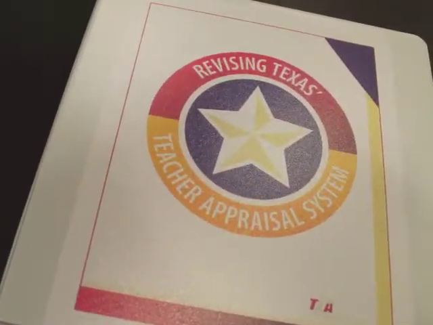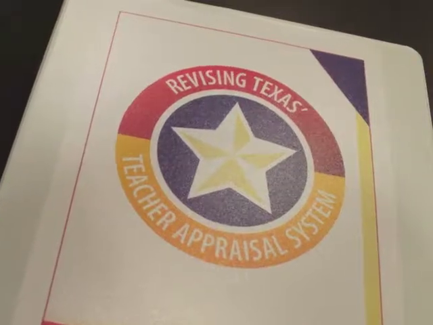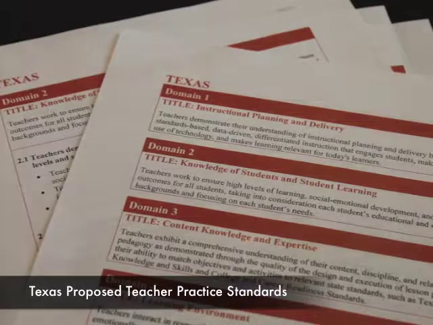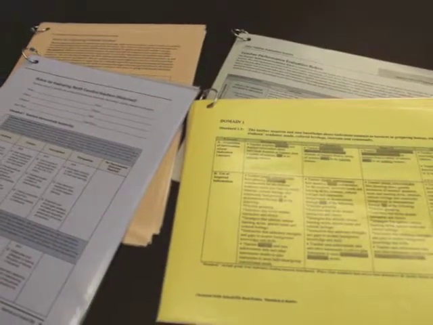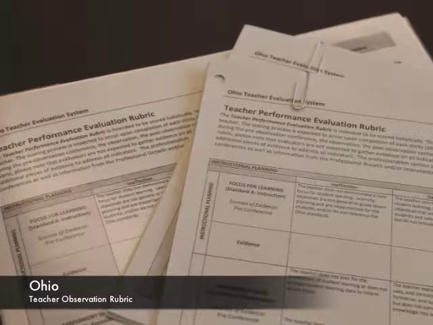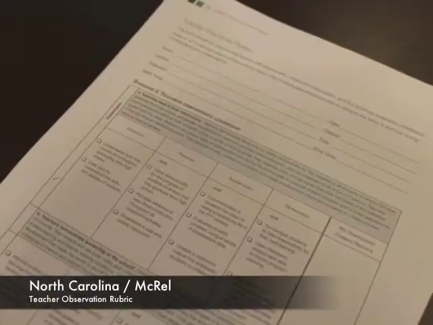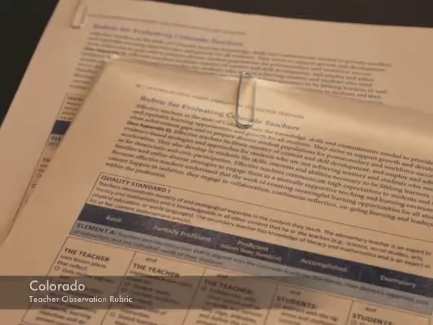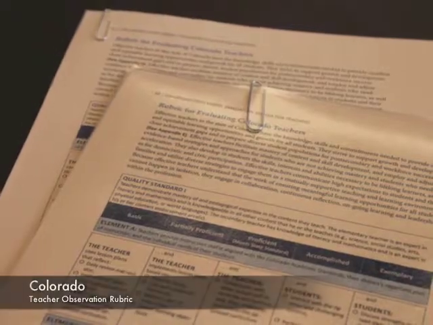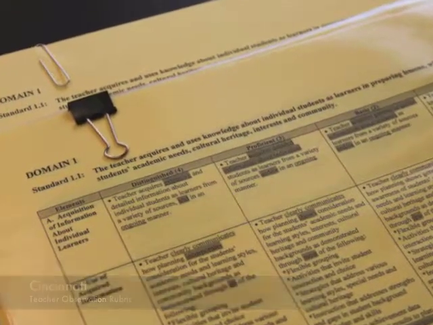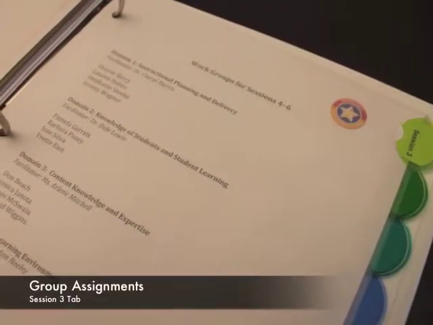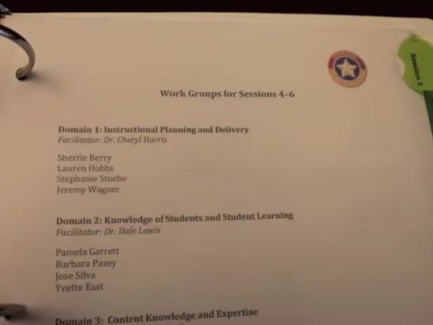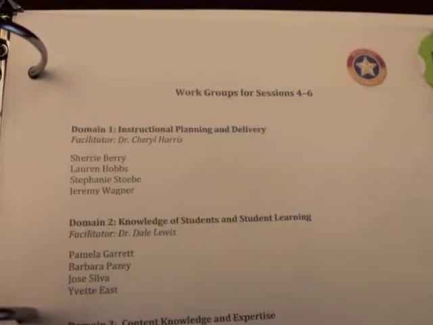To complete the meeting's objectives, you will use the following materials: Texas's proposed teacher practice standards, and teacher observation rubrics for Ohio on gray paper, North Carolina light purple, Colorado tan, Cincinnati yellow, and TAP on blue paper. You will also want to refer to the Session 3 tab in your participant binder, where you will find your group assignment.